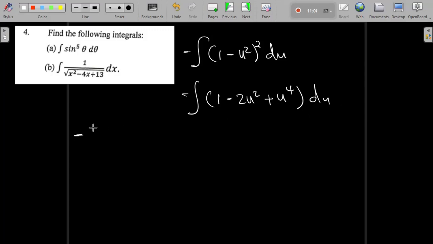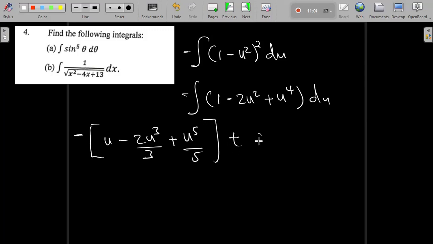I keep the negative out there. The first part I just get to be u. Then I'll have negative 2 u to the power 3 over 3. Then next, plus u to the power 5 over 5. Then plus my constant c.